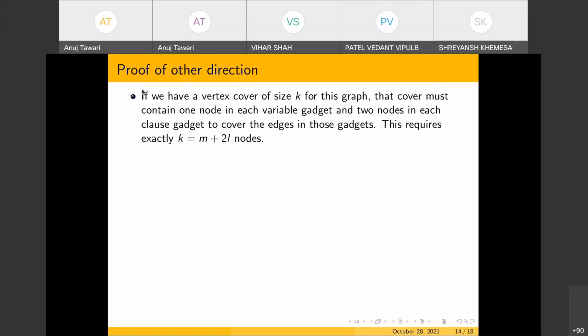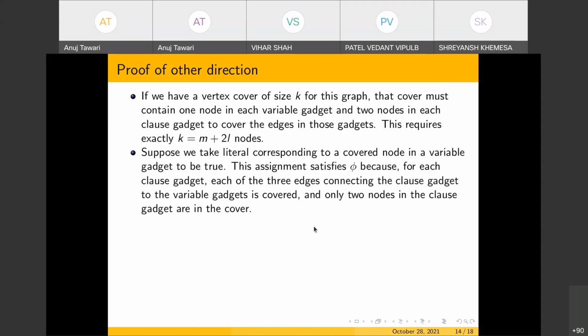Now from the vertex cover, I want to give a satisfying assignment for phi. So we take the literal corresponding to a covered node in the variable gadget to be true. Then this assignment will always satisfy phi.